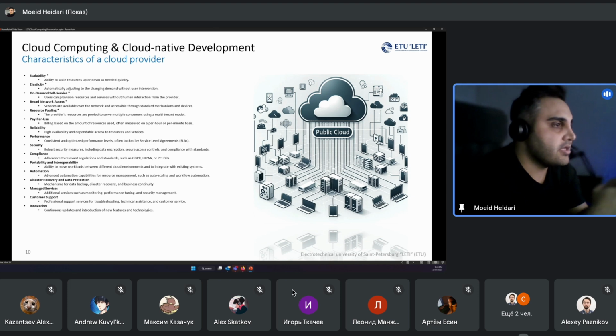So as an example, as I said, Yandex provides some services related to databases, to file storage system, to containers, IoT systems also as managed services. Even they provide Kubernetes as a managed service. They provide lots of other services as managed services. So it means that the service itself is being managed by the cloud provider and you can just use it.